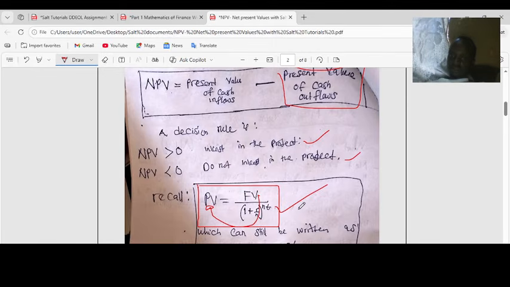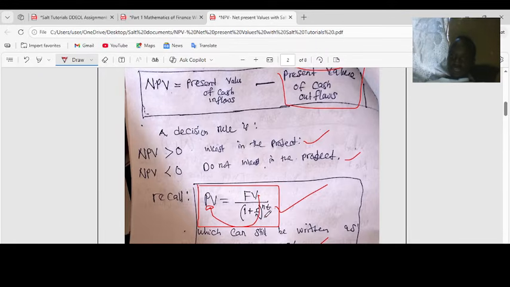That's what we mean: discount it and take it to the present. So this is the formula we are going to be using. You can either use this formula or you can take this one, but the power will be negative n. This one and this one are the same thing. It's just that this one is written as a positive index and this one is written as a negative index. It's the same formula.